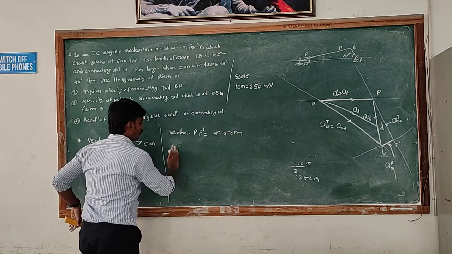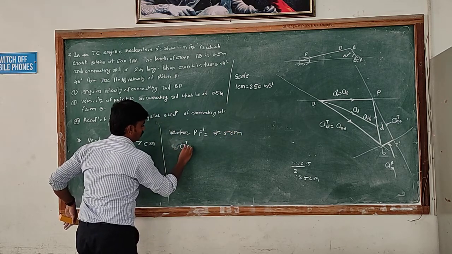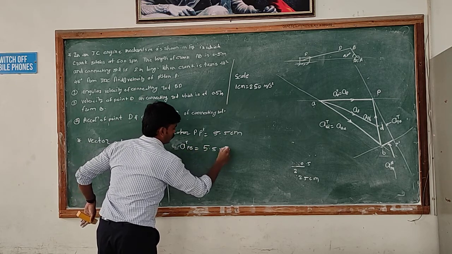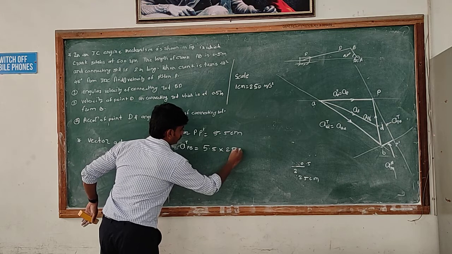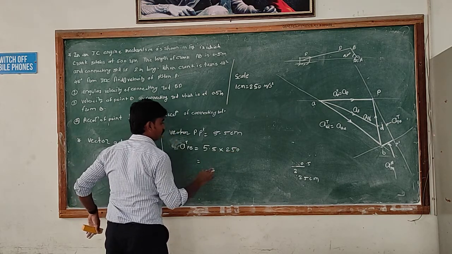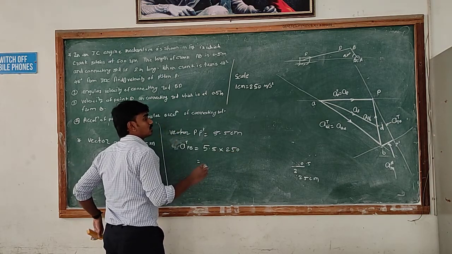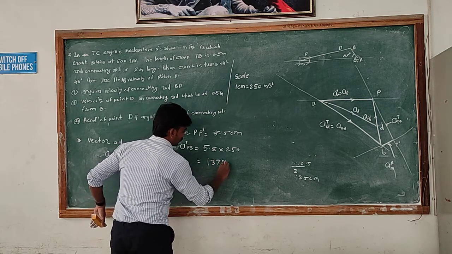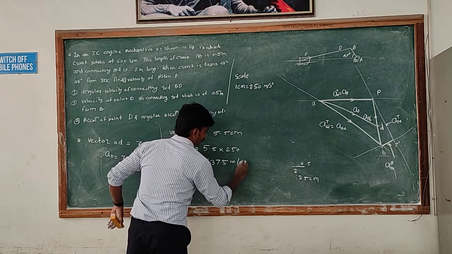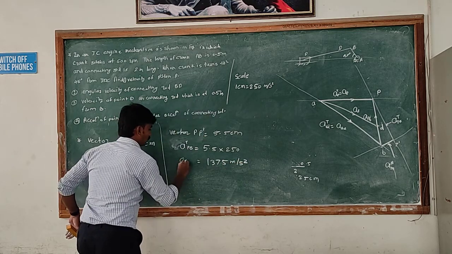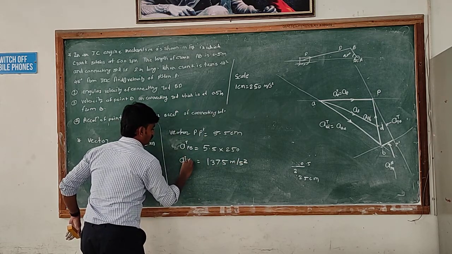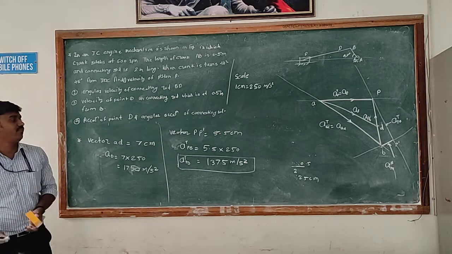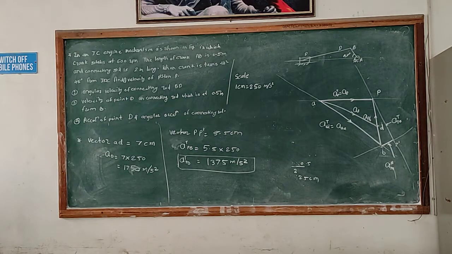So the tangential acceleration of the point P with respect to B is equal to 5.5 into 250, that is equal to 1375 meter per second square.